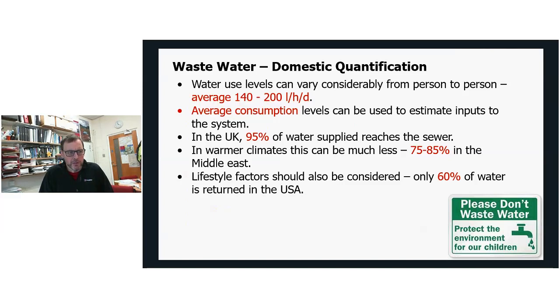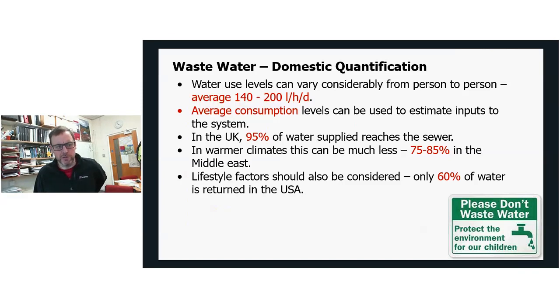So in the UK we expect water usage levels to be somewhere between 148 and 200 litres per head per day. There's been lots of surveys to quantify this. All of them give different results, but 140 to 200 is the sort of broad range you would expect the UK to fall within.